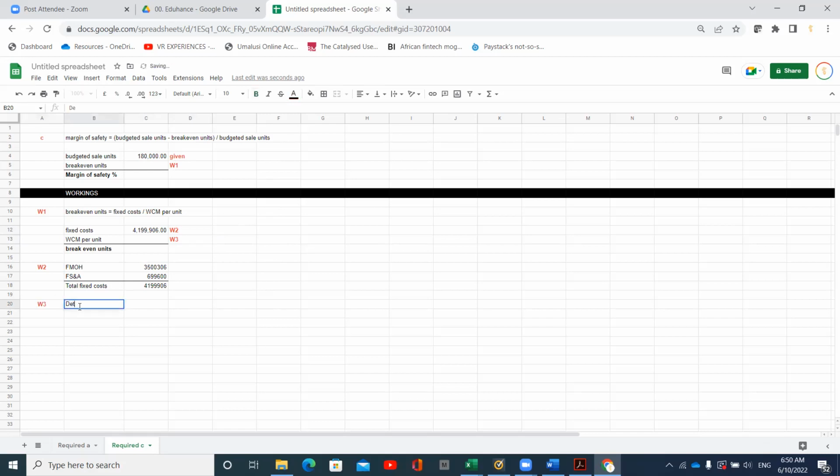We will have details, then we're going to have goggles and visors. Here we have a total column. For weighted contribution, we're going to need contribution margin. Therefore, we're going to have sales minus all variable costs.